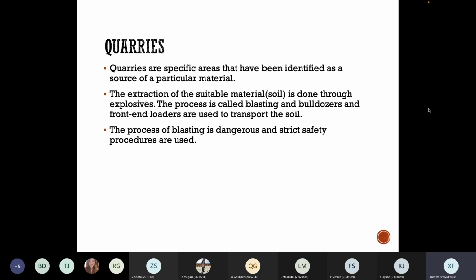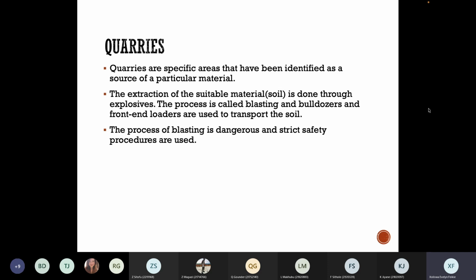Then they will have a place where they collect material that will be suitable. So those are the quarries. If you've ever seen road construction, you'll see these big truck loaders carrying soil and transporting it to site. It is from the quarry, depending on the type of material needed.